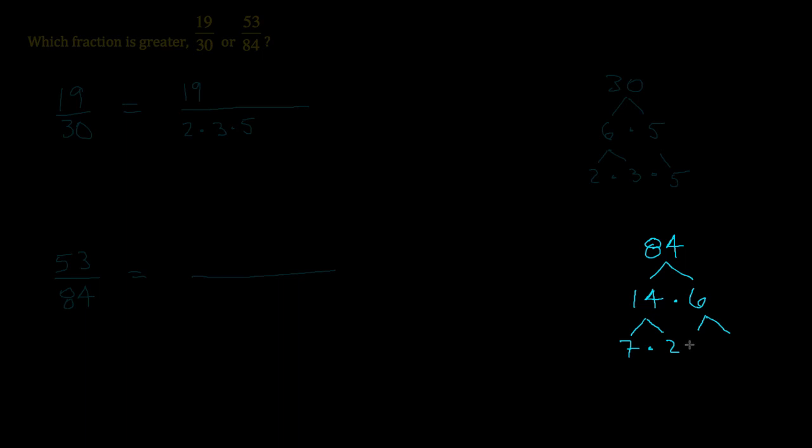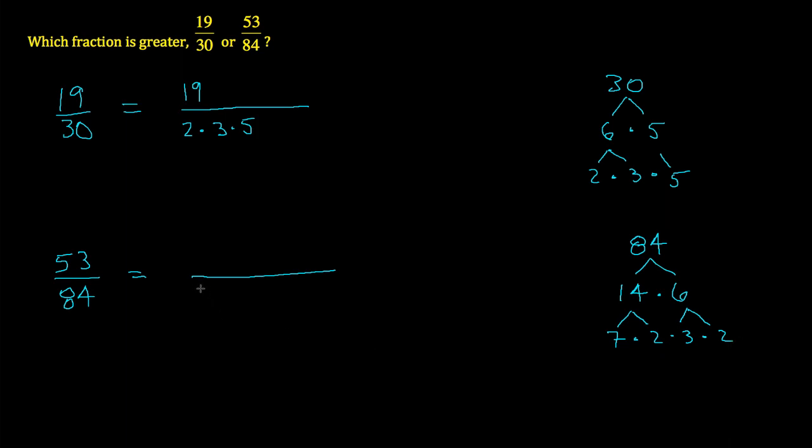And 6 factors to be 3 and 2 multiplied together. So I'm going to write this denominator as 7 times 2 times 3 times 2. And my numerator is 53.